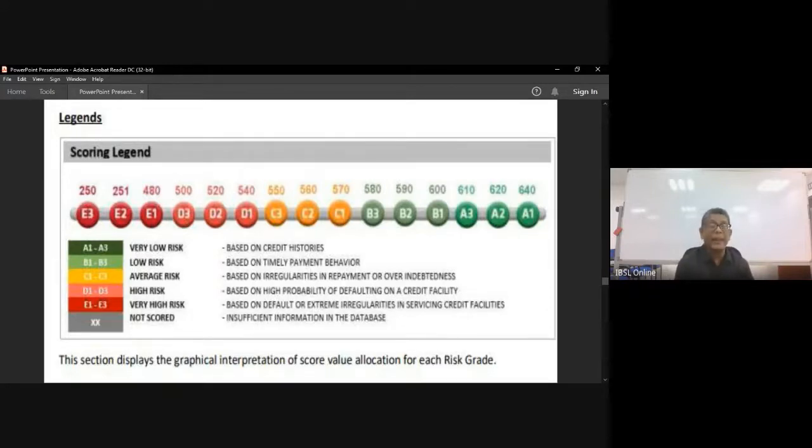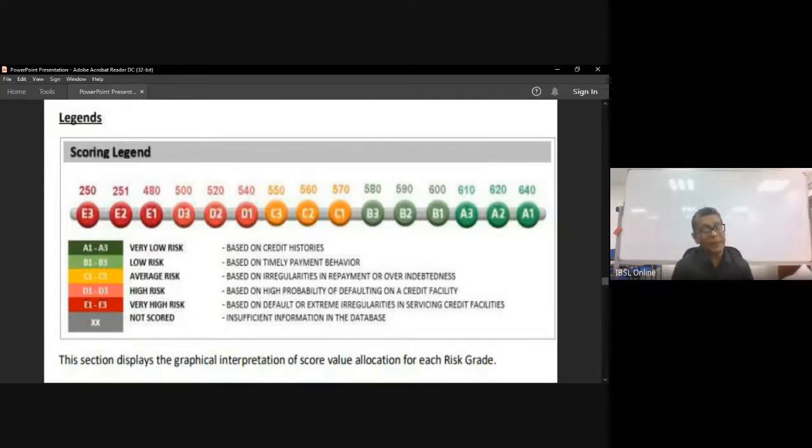Based on that, they have identified A1 to A3 as very low risk, based on credit history. And B1 to B2, they have given marks in different colors, right? Timely payment behavior, average risk, higher risk, very high risk. And then you have the gray color, which indicates that you don't have sufficient information to take a decision. It's like an audit, difficult to give an opinion about the audit of that particular firm.